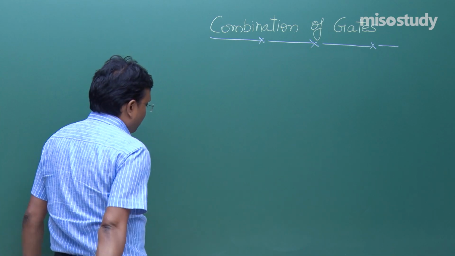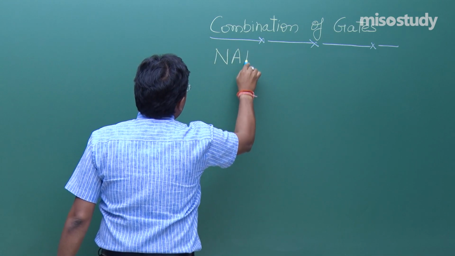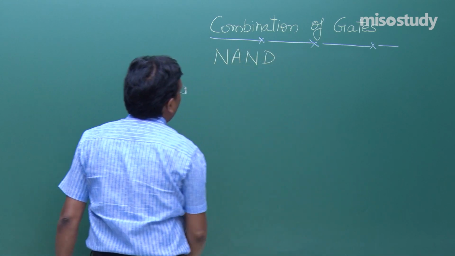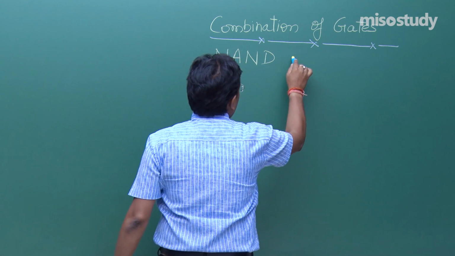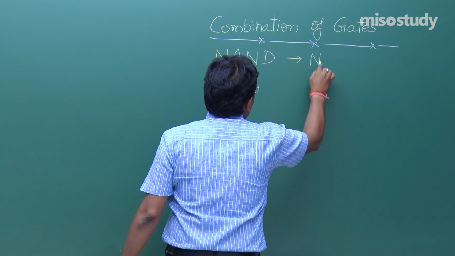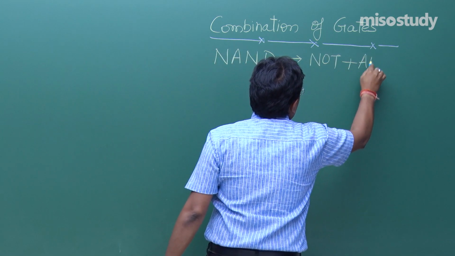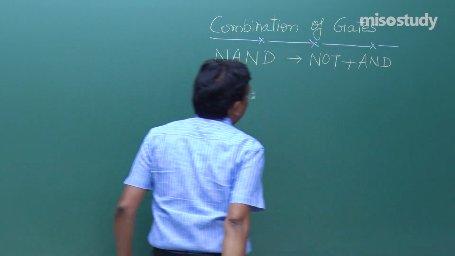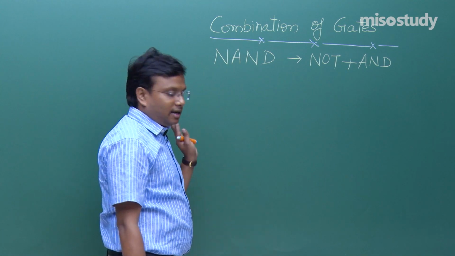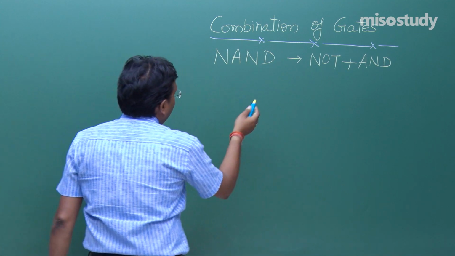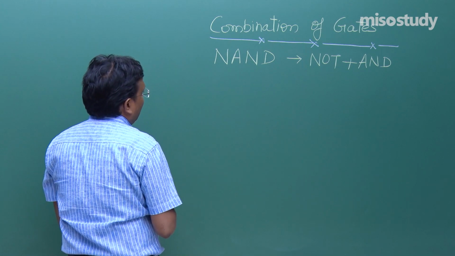So, the first combination is the NAND gate. NAND means NOT plus AND. If you add a NOT gate to an AND gate, you will get a NAND gate. So, what is the method of realization?